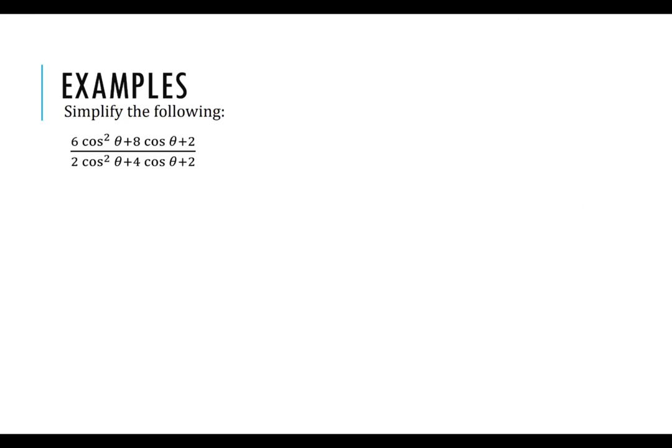Let's do it again. Here I have 6 cosine squared theta plus 8 cosine theta plus 2 divided by 2 cosine squared theta plus 4 cosine theta plus 2. I see that these are both quadratic forms, and so my thought is let's just factor these trinomials.